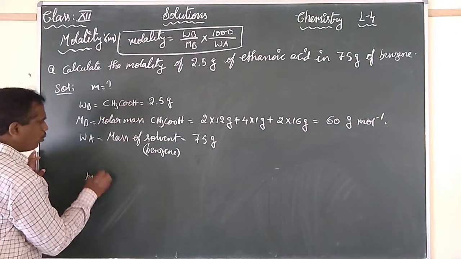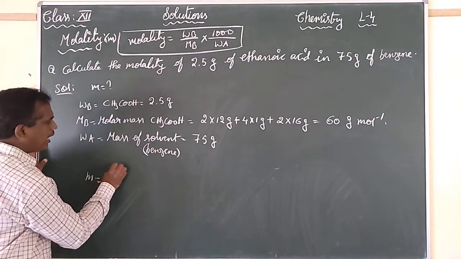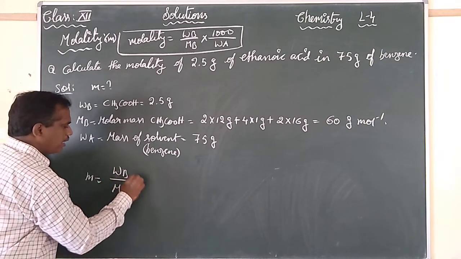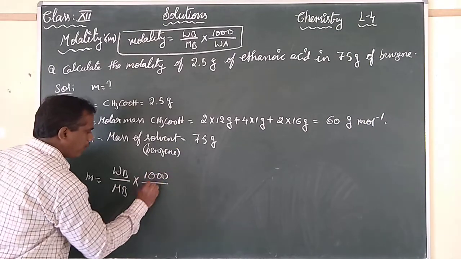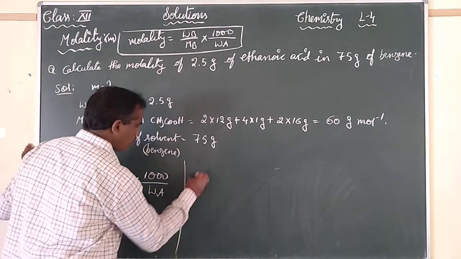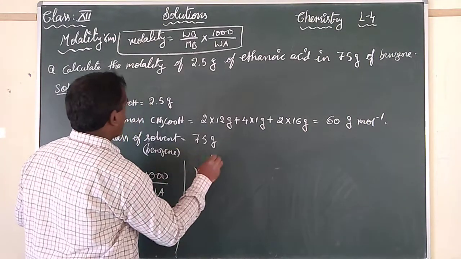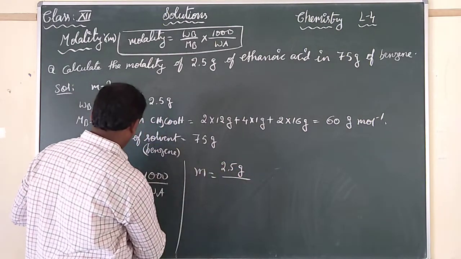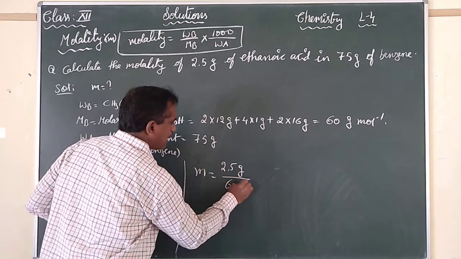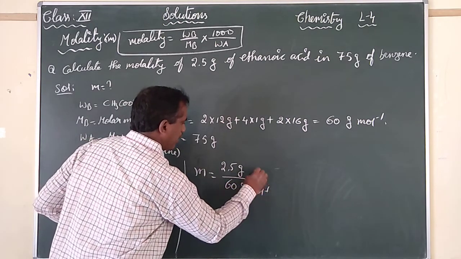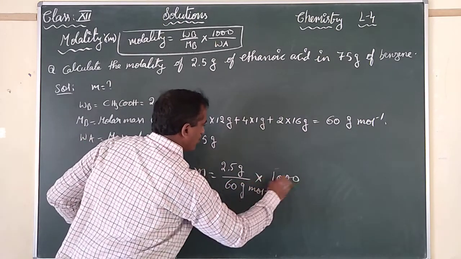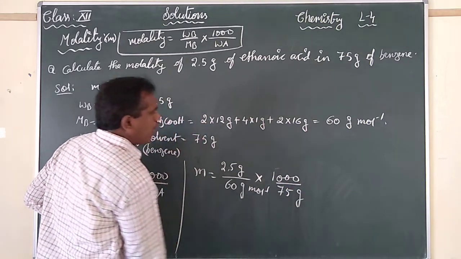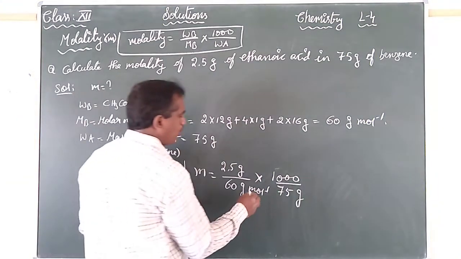So let us substitute the values here. M is equal to WB by MB into 1000 by WA. So M is equal to 2.5 grams by MB 60 grams mole inverse into 1000 by 75 grams.